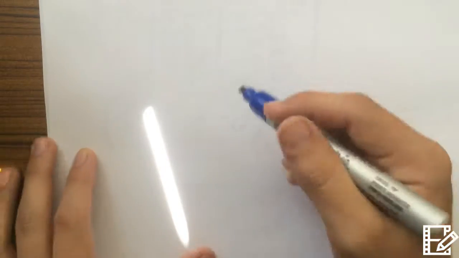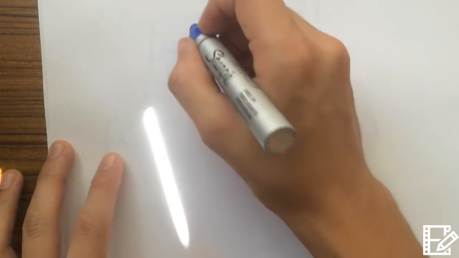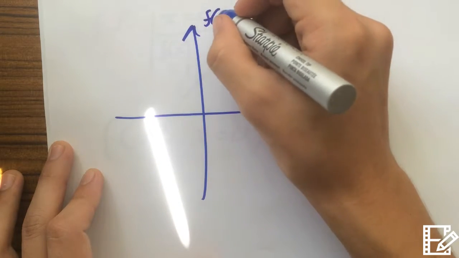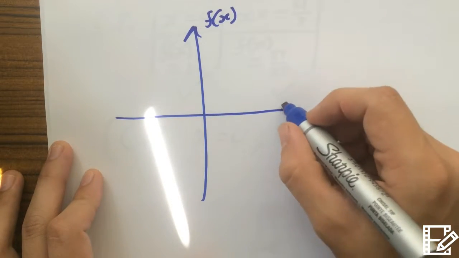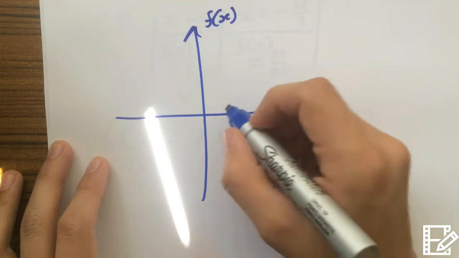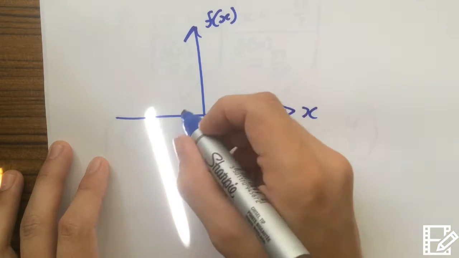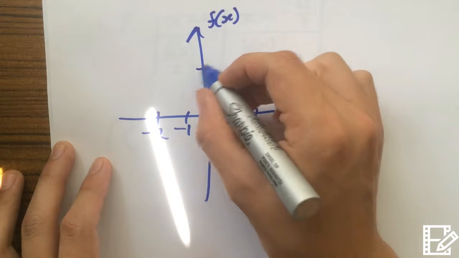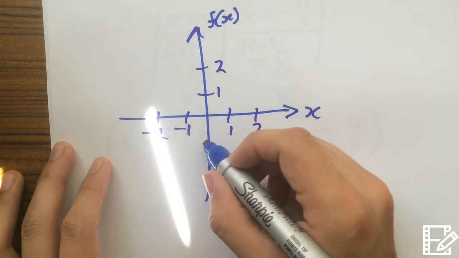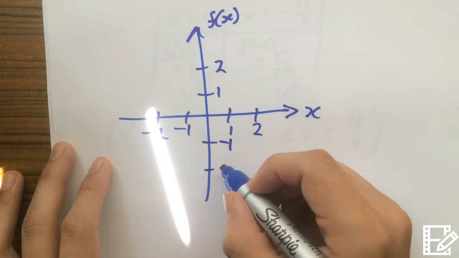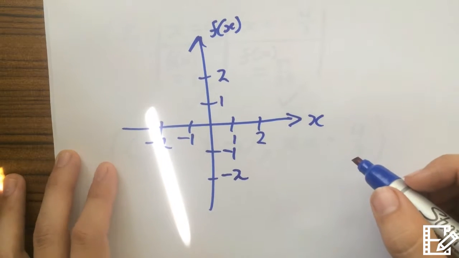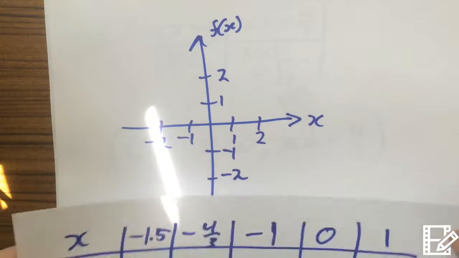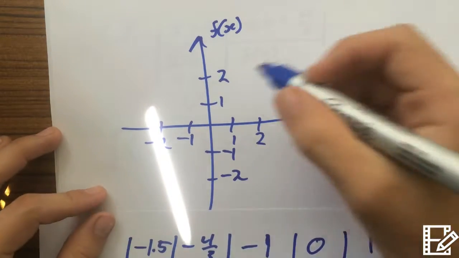The real graph, I'll do f(x) because we labeled the function as f(x), and we have x here. 1, 2, -1, -2, 1, 2, -1, -2. So the points we were given, I'll draw the graph first.